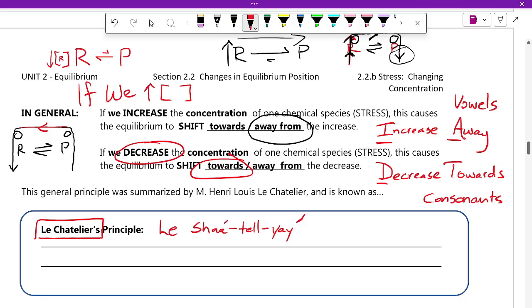So there's a little bit of an accent on the first one, and then the main accent's on the last one. Sort of. I don't know. It's hard to come up with a phonetic spelling.